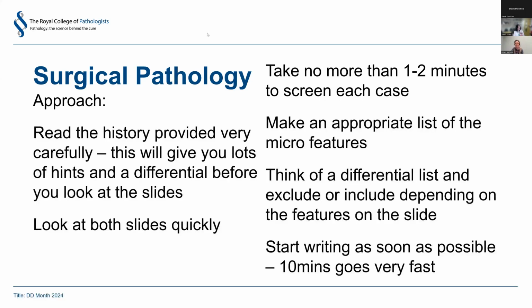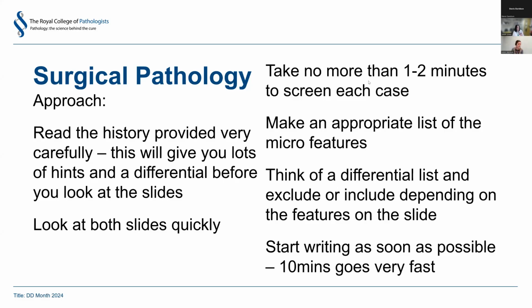Yeah. Thank you. So we're on to surgical pathology approach. The approach is, please read through the history provided. We try and provide you with a history that should give you some hints and tips before you even look at the slides.